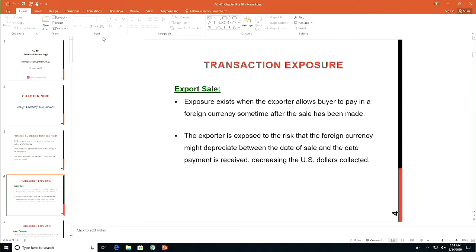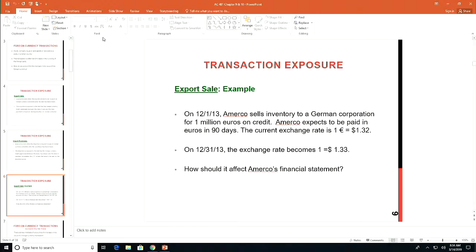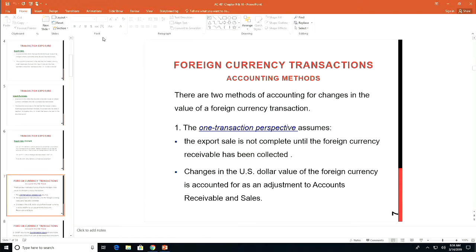In terms of dollar, if you need to pay something, you'll expect to pay less. If you need to receive something, you'll expect to receive more. That's human nature. And based on that, we're going to calculate our gain or loss. So now here I have a few concepts. I'm just giving you a little bit of an idea.